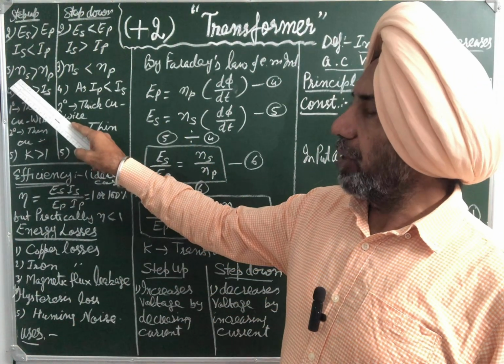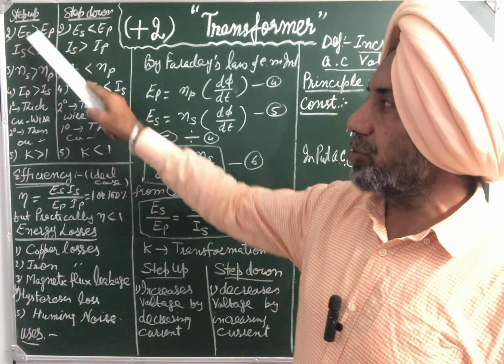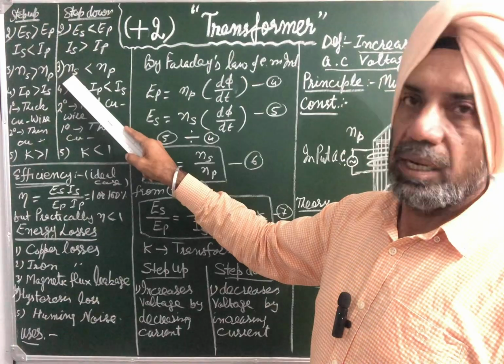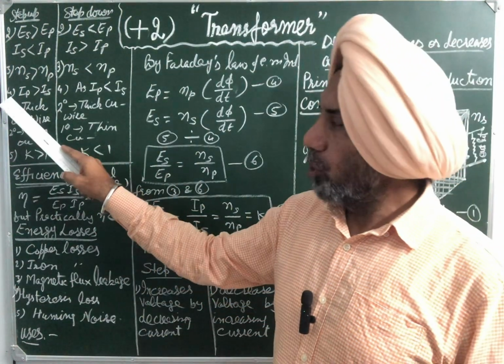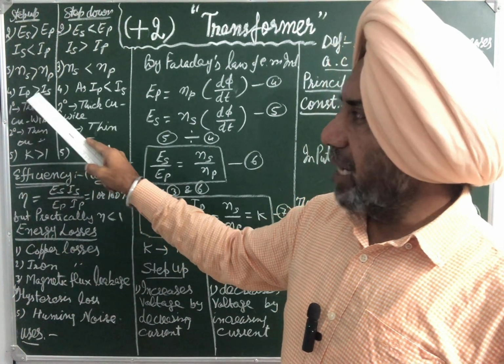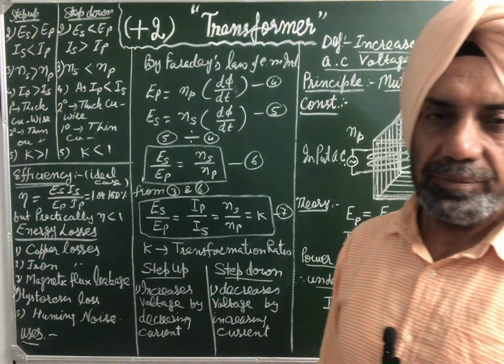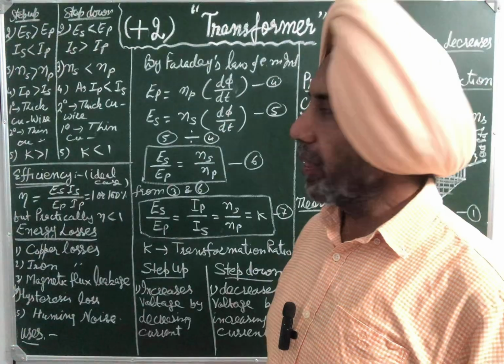Third point of difference: the number of turns in the secondary is more than the number of turns in the primary in the case of step up. In step down, the number of turns in the secondary is less than in the primary. Fourth point: since I_P is greater than I_S in a step up transformer, the input current is more than the output current.